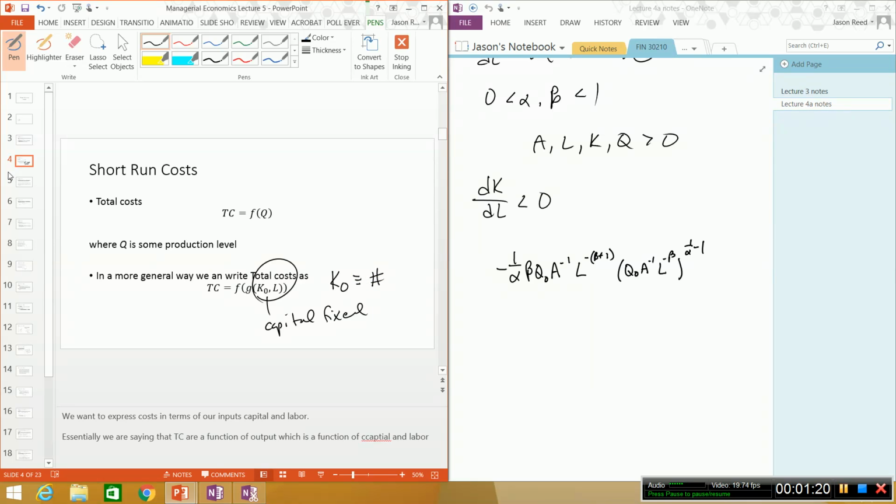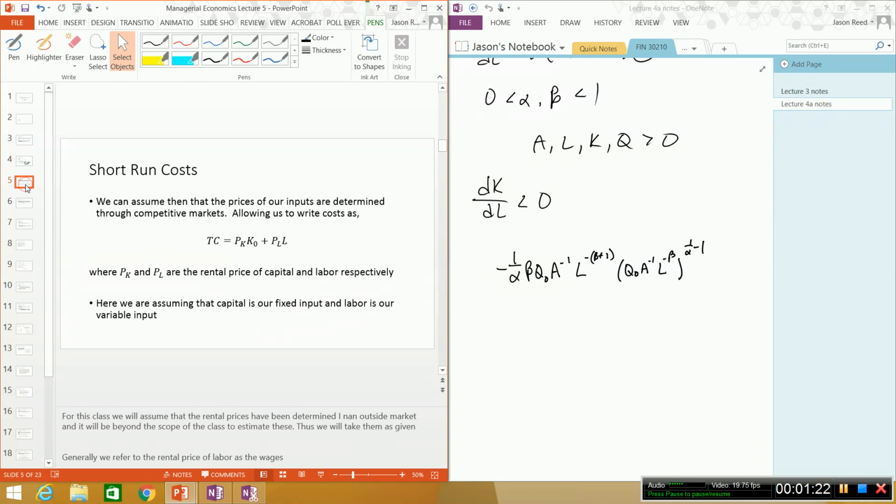Once we've defined total cost in this way, we realize there is a different way that we can understand the total cost. We focus mainly on the idea that our capital and labor costs are dependent upon the prices of both capital and labor.